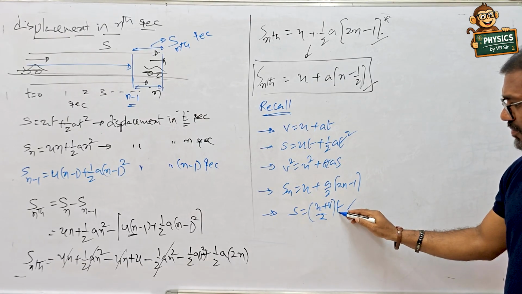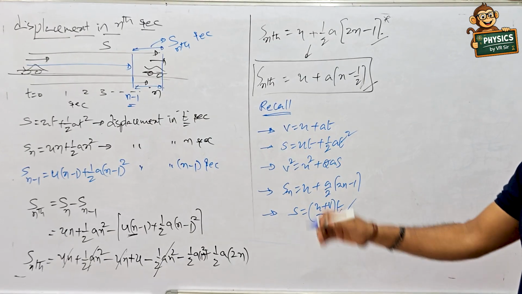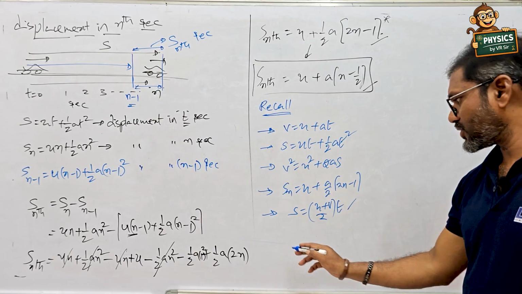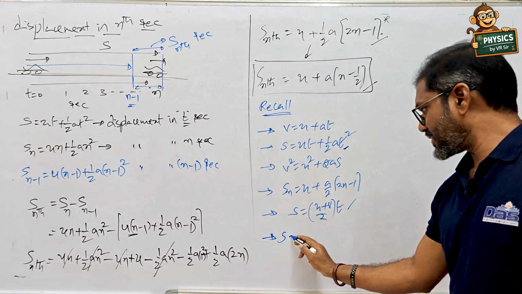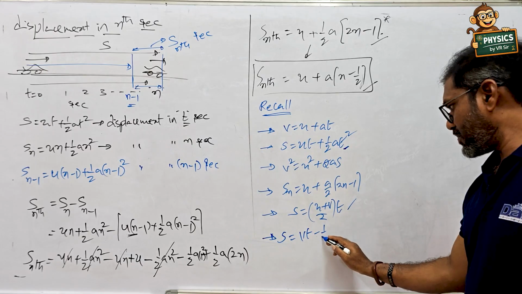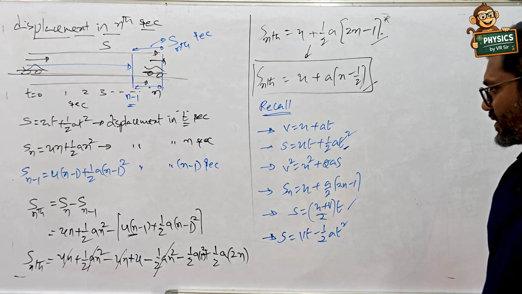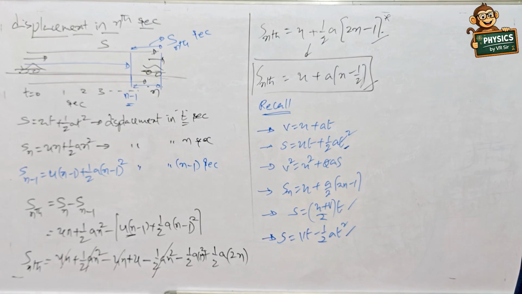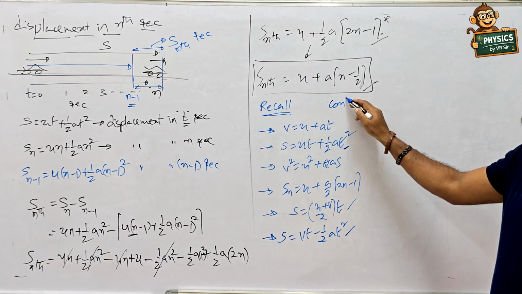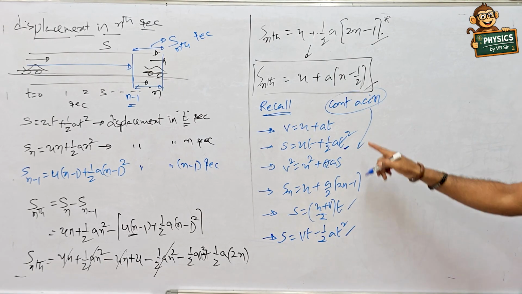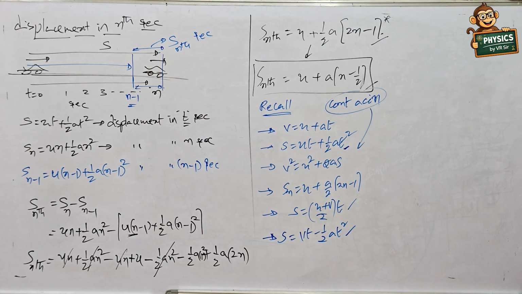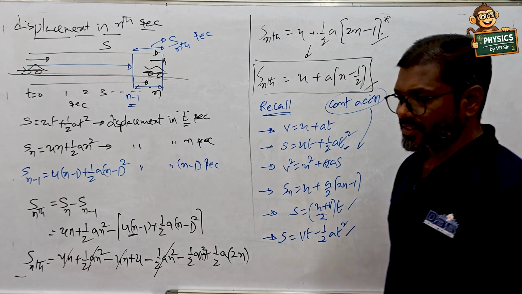This relation helped us in deriving all the above mentioned equations of motion. And the last one, based on this, s is equivalent to vt minus half at square. Even this is valid for the constant acceleration case. So only for the constant acceleration case are all these equations valid. Now shall we do numericals based on these equations one by one?